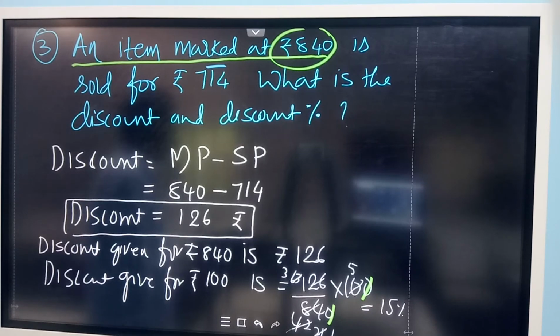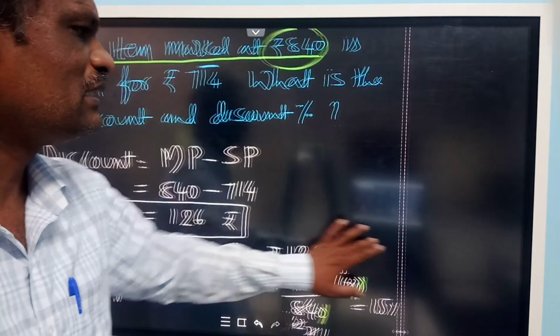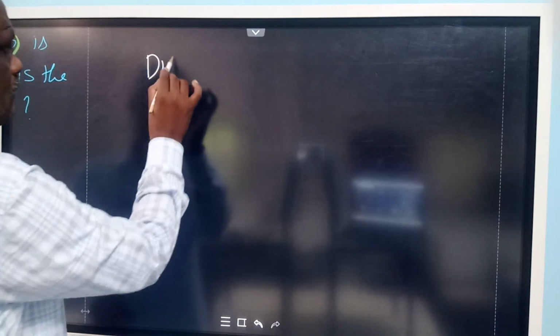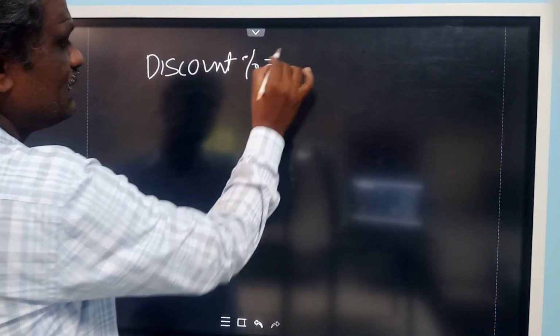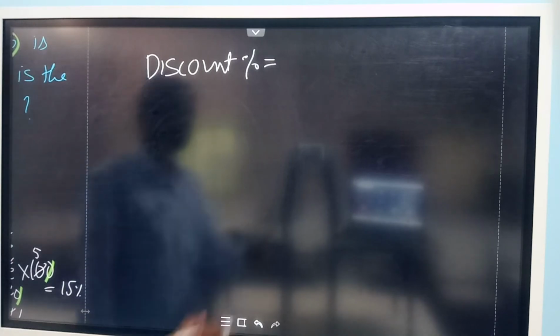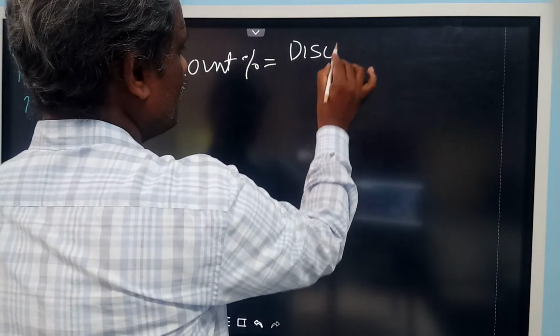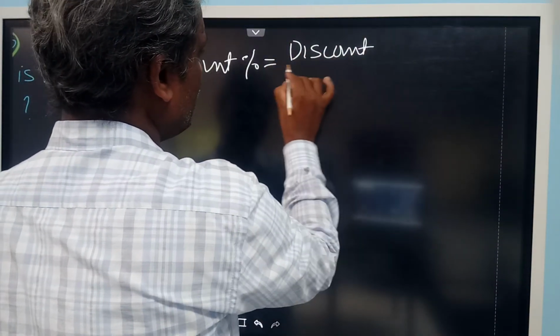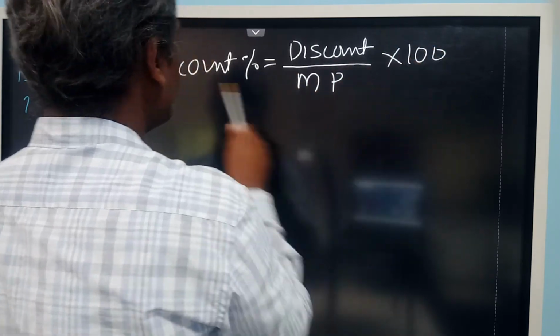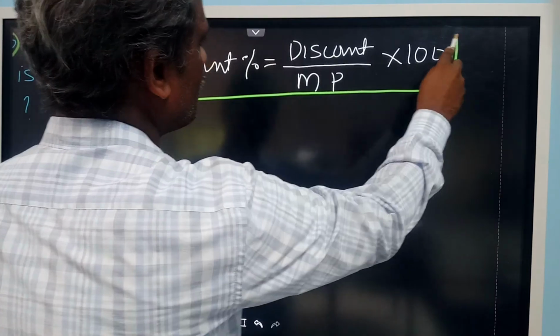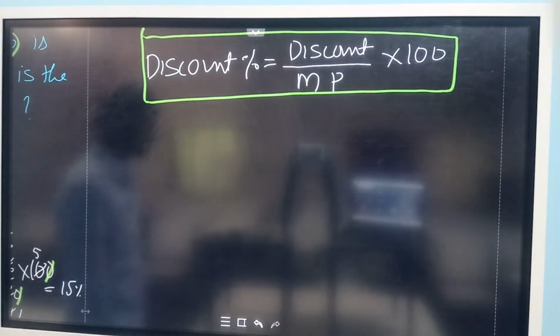So directly you can write like this: discount percent is equal to discount given, that is, discount divided by market price into 100. Using this you can directly calculate the discount percentage also.